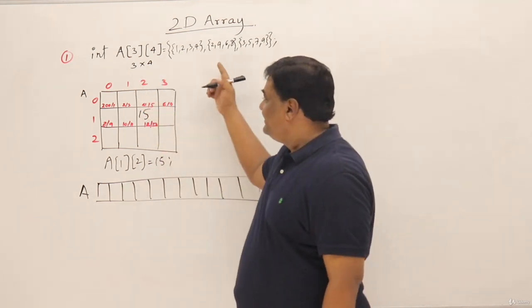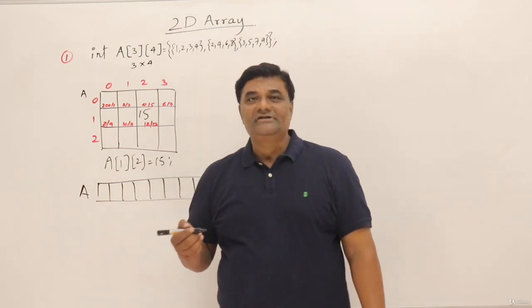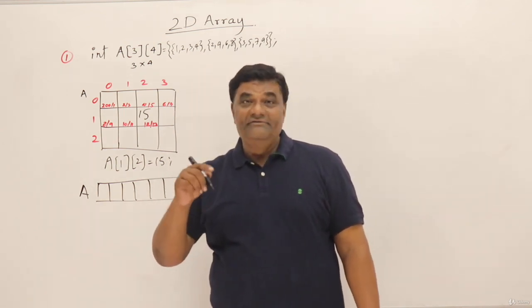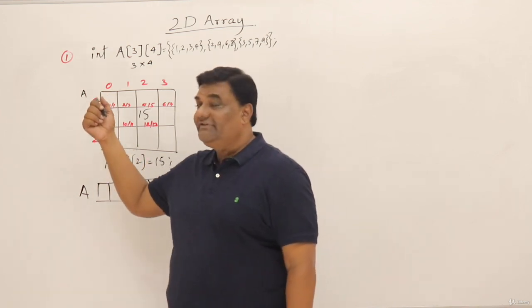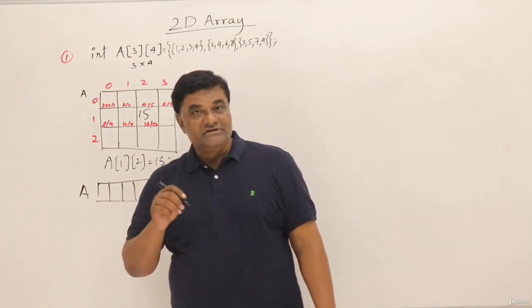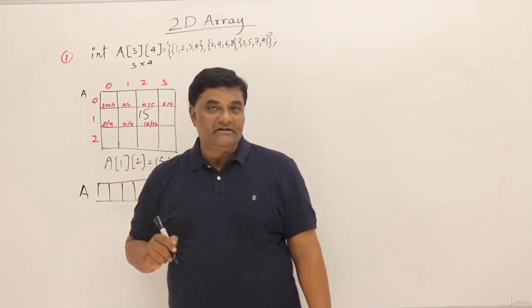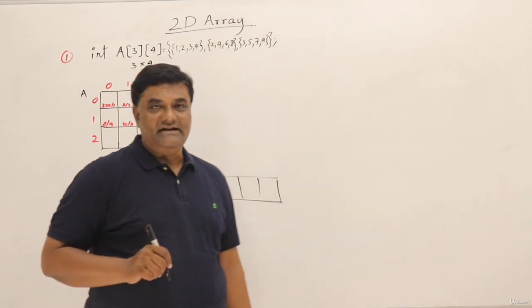This declaration and initialization is common in C and C++, the same syntax is used, and the array will be created inside the stack because it is just like a variable. There is no new operator used. Once you use the new operator, then only the array will be created in heap. So this is the first method of creating an array inside the stack.